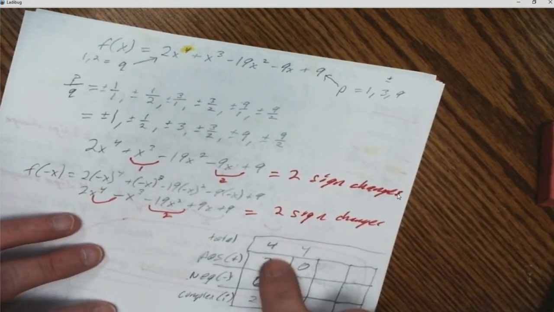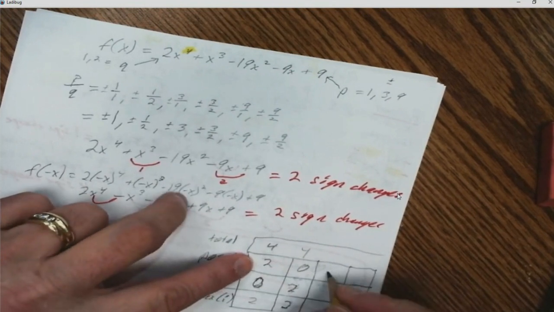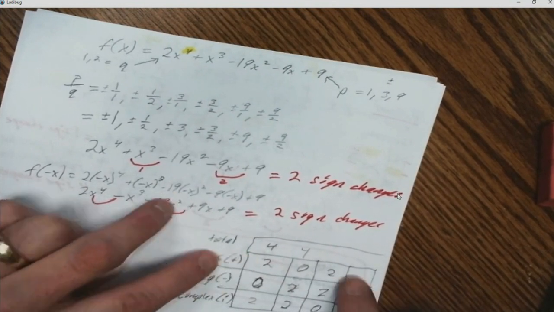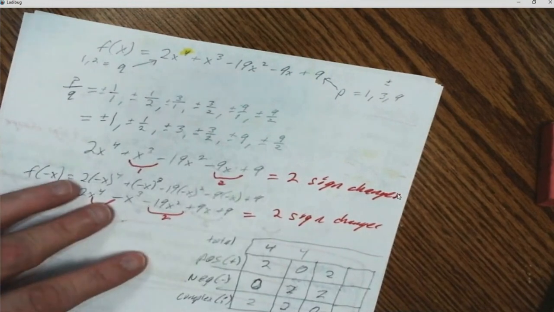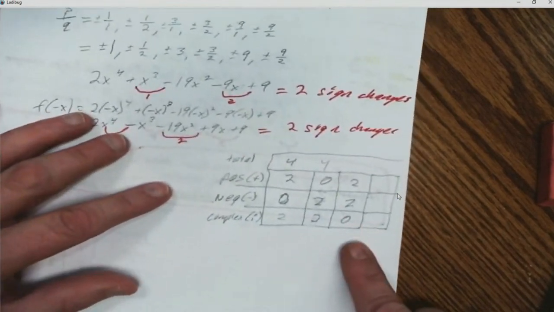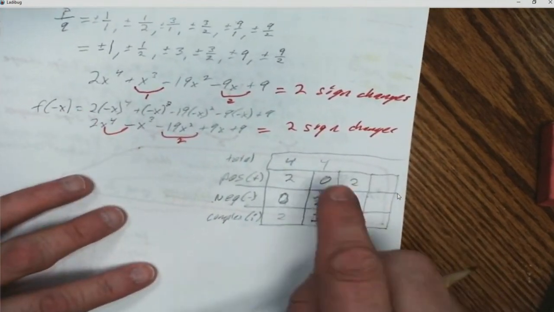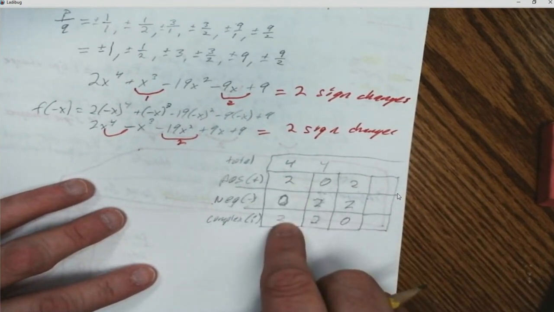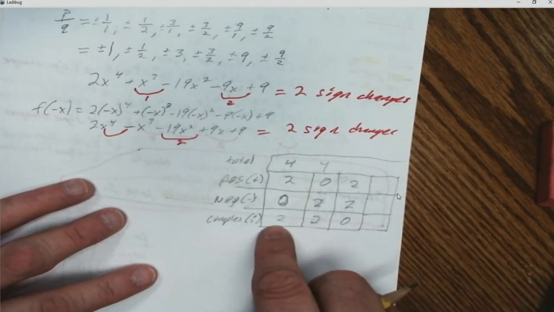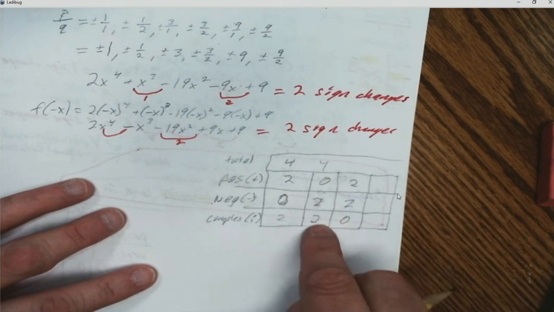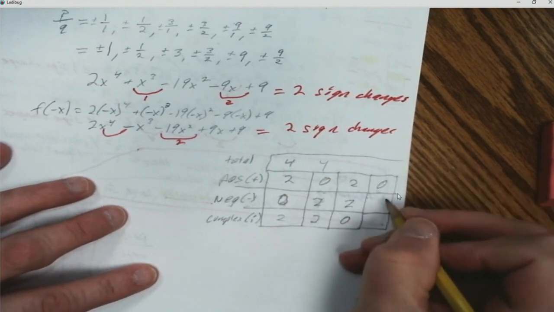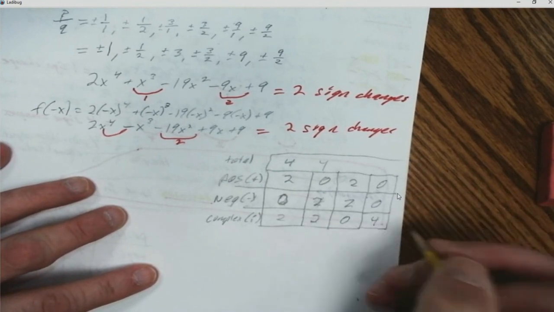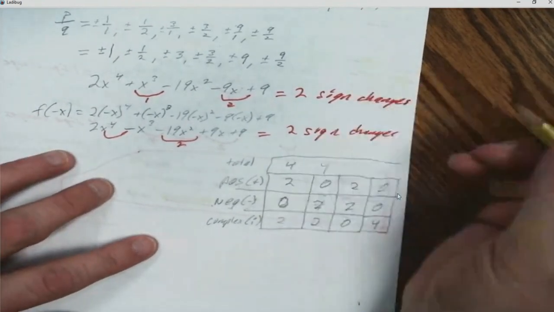So let's put this option. There's 2 positive and 2 negative, which means there's no imaginary. 2 positive, 2 negative, no imaginary. 2 positive and the negative ones are actually imaginary, or the positive ones are imaginary. Or I guess there could be no positive, no negative, and 4 imaginary.